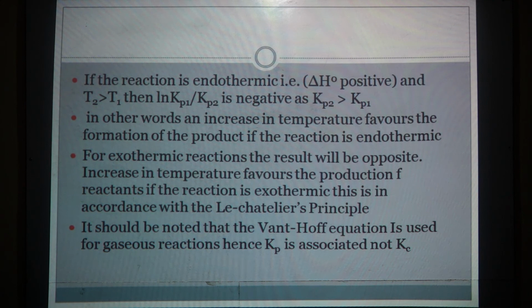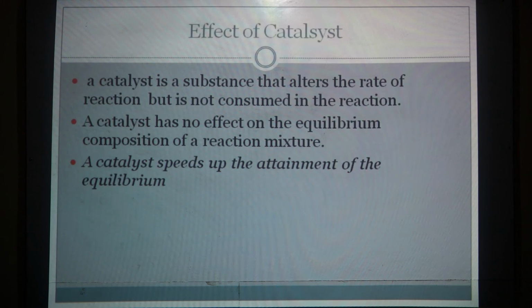For exothermic reactions, the result will be opposite. Increase in temperature favors the production of reactants if the reaction is exothermic. This is in accordance with Le Chatelier's principle. It should be noted that the Van 't Hoff equation is used for gaseous reactions, hence Kp is associated and not Kc.